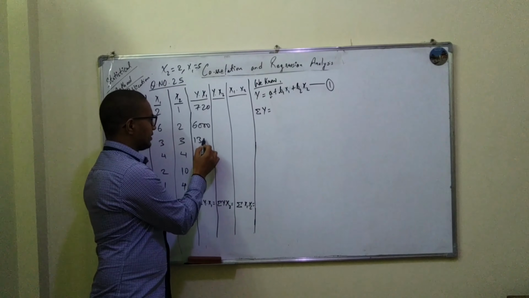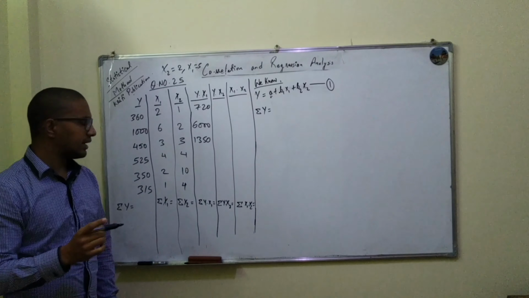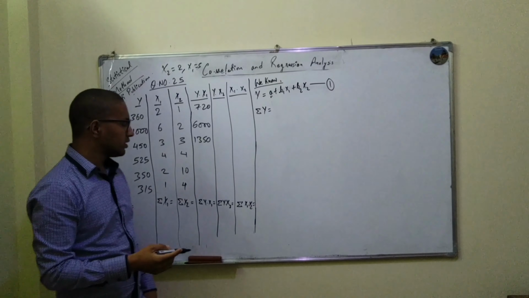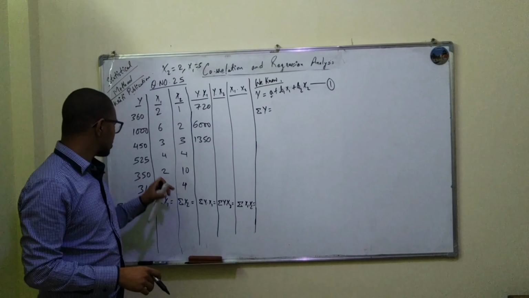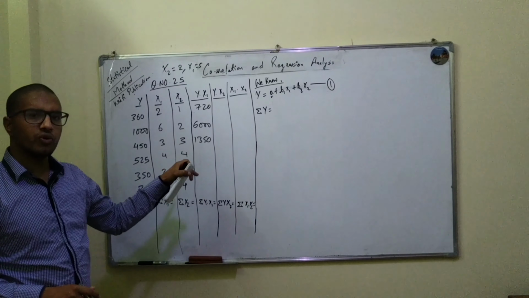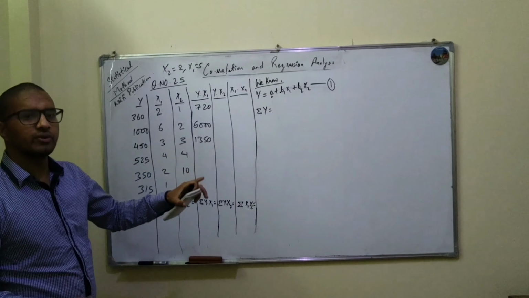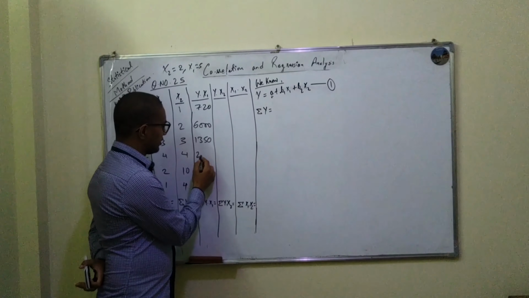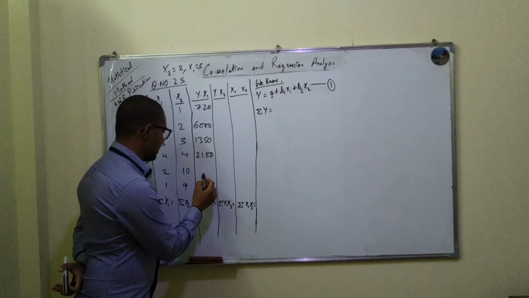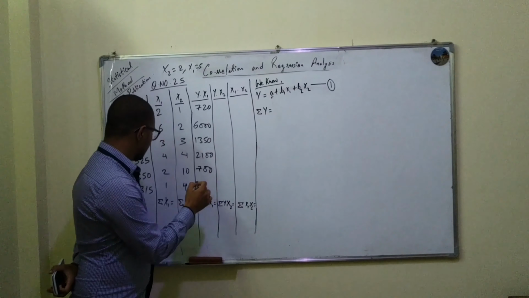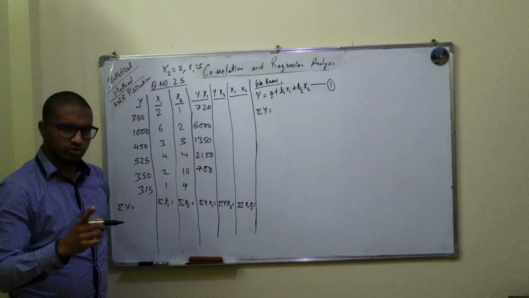Then 525 into 4. Let's use the calculator. I think it should be 2100, because 500 into 4 is 2000 and 25 into 4 is 100. So 2100. Then 350 into 2, 700. And 315 into 1, 315.